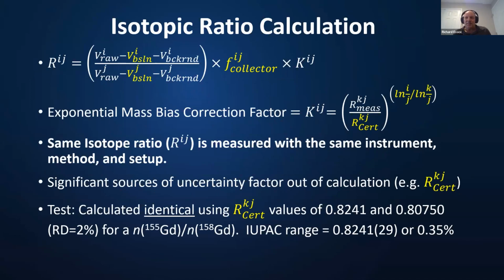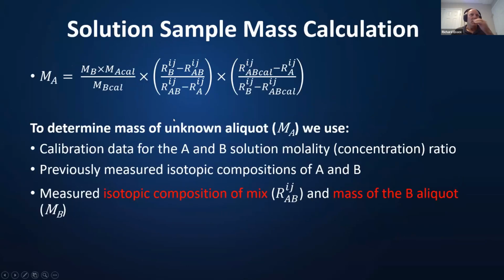There's another aspect of uncertainty that factors into this, and that's your ability to make precise mass spectrometry measurements. Well, let me back up for a second. In this calculation, as I mentioned, you've got these masses that go into the calculation, but you have these isotopic ratios that you have to measure. There's essentially 4 different materials or 4 different isotopic ratio measurements, but they're all the same ratio, the same numerator and denominator isotope.